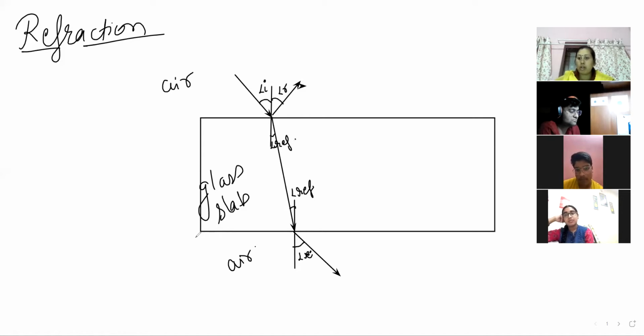You are a chemistry student also, not only the physics one. See, why is the glass slab denser? Particles are arranged closer, because it is solid. Air is gaseous. So intermolecular bonding of the glass slab is much stronger as compared to air. So the glass slab will be denser.